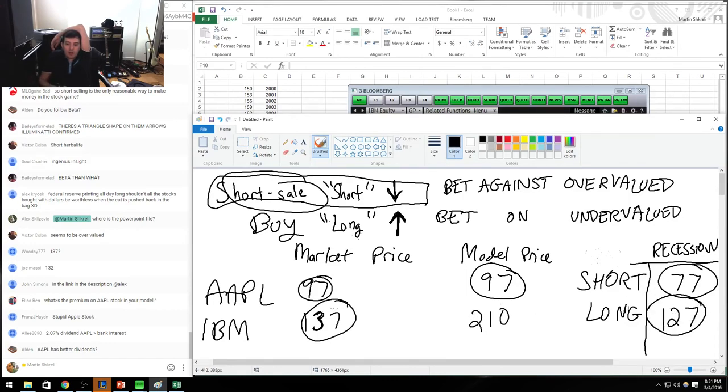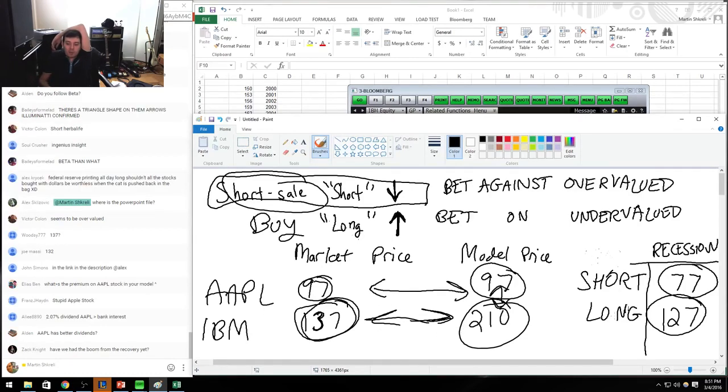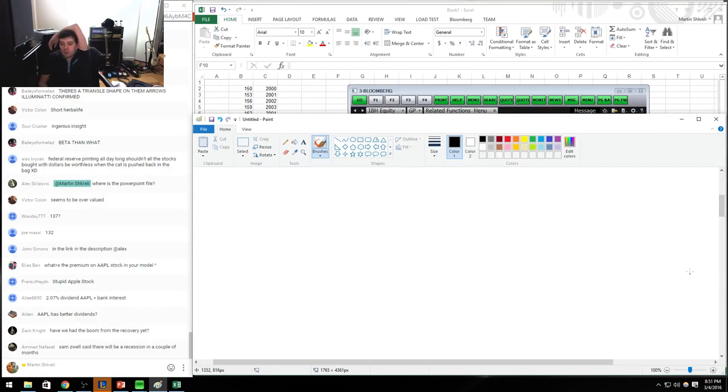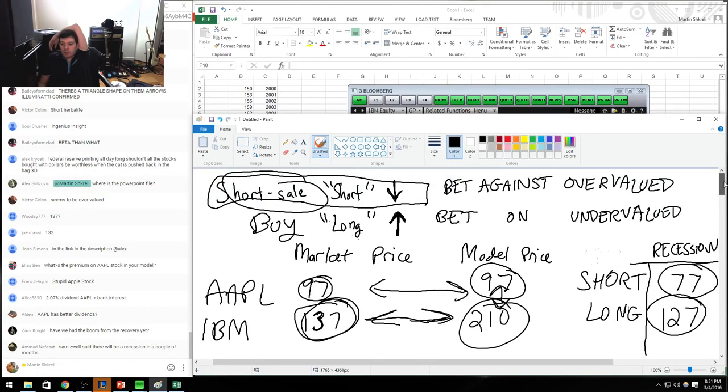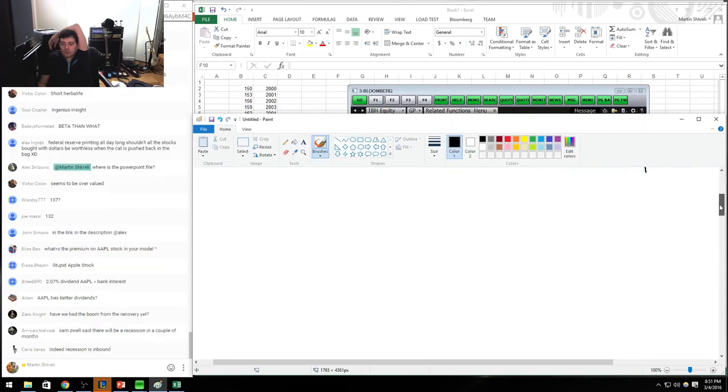So it'll still go down, but it'll be more resilient because it's such a cheap stock relative to the market price. It can't go down that much, whereas Apple could still be very undervalued. I mean, if IBM's 50% undervalued, Apple could be undervalued as well. So you could make $10 per share this way, even in a recession. That's why I like shorting.